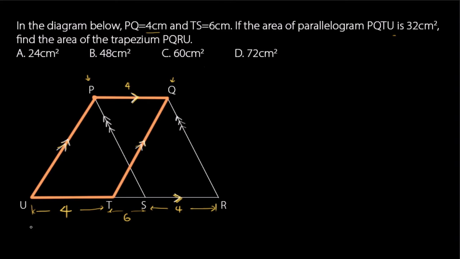So the total length from here down to R is going to be 4 plus 6 plus 4. 4 plus 6 is 10, plus 4, that's 14 cm. So this is the total length from R to U.